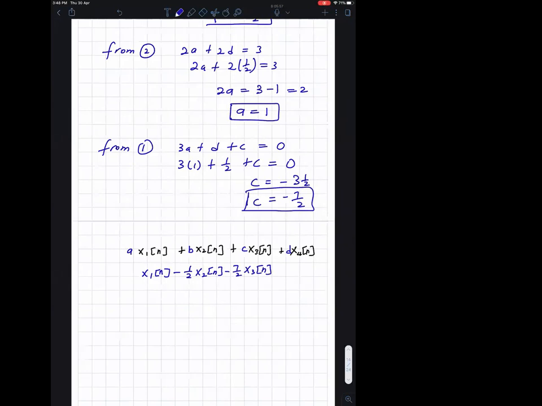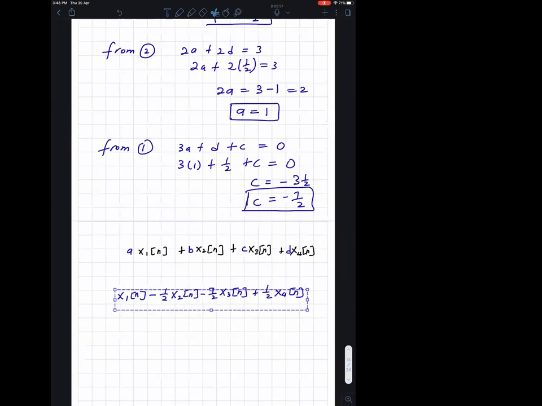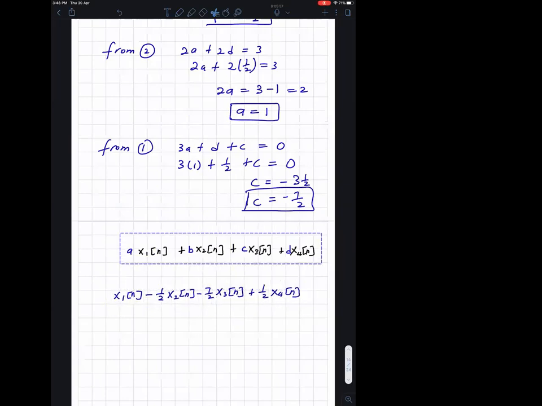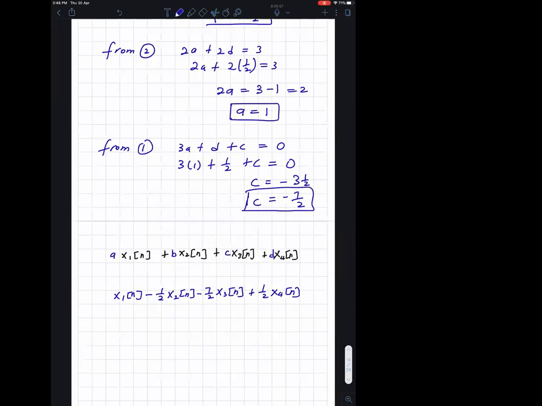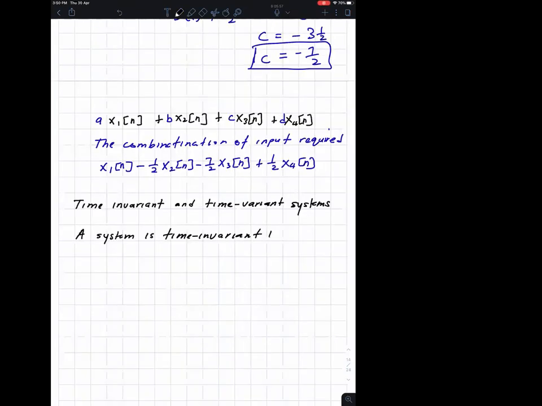And then D is 1/2. So this is the combination of the input required. The problem that you're going to get is much.